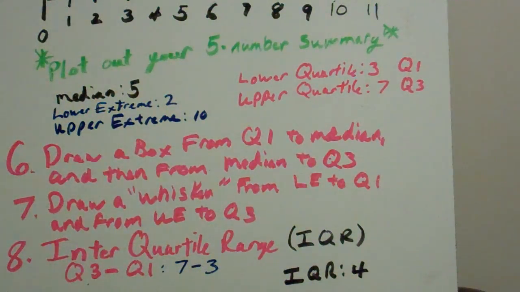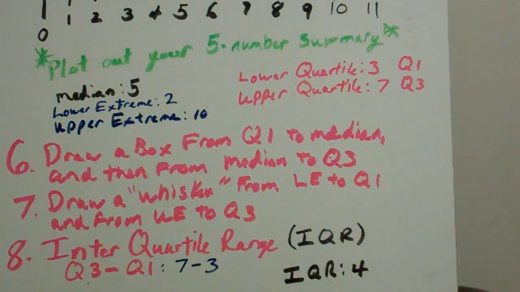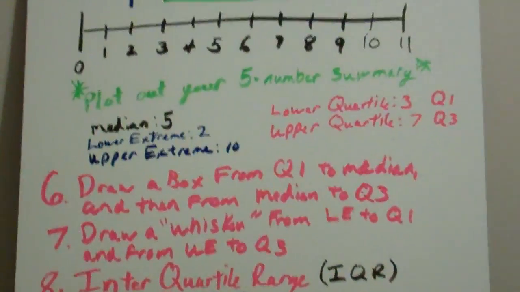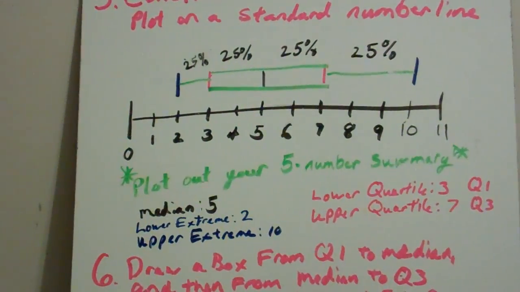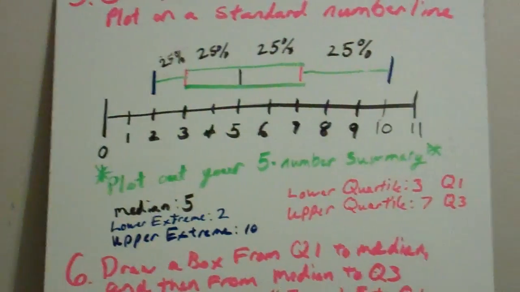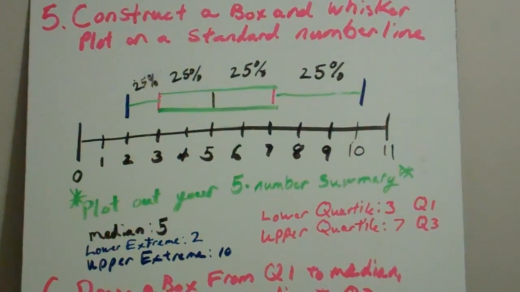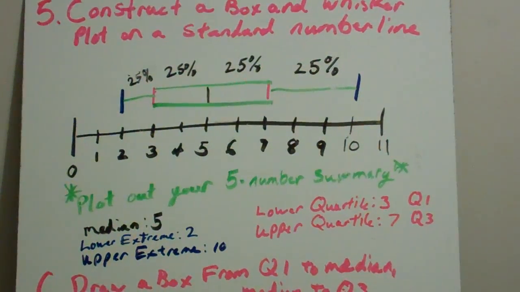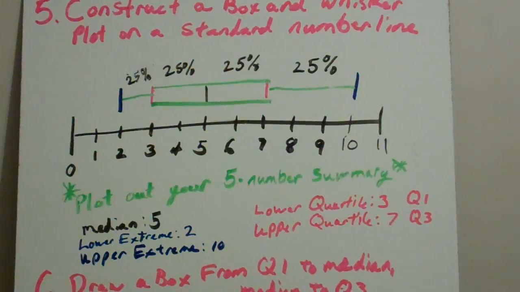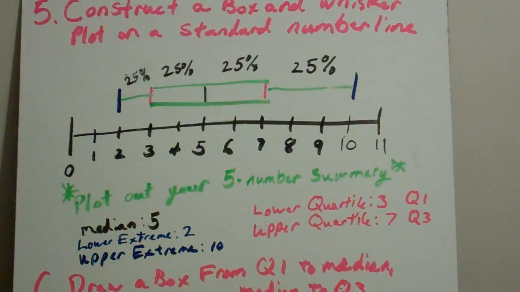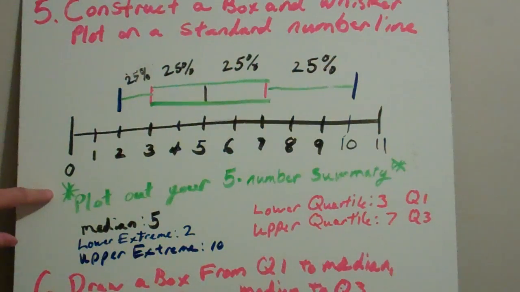So, using those numbers, let's create a box and whisker plot. And you can see I've already done that for you. But let's talk about this. Below here, it says we're going to plot out your 5-number summary, and here are our numbers.